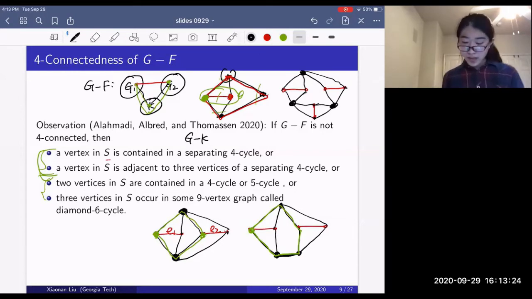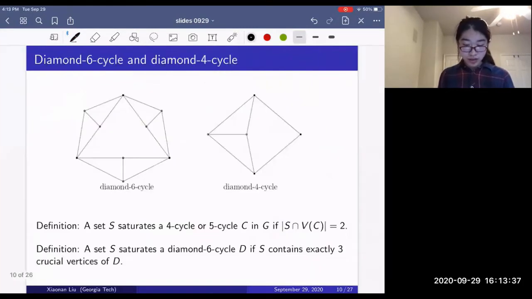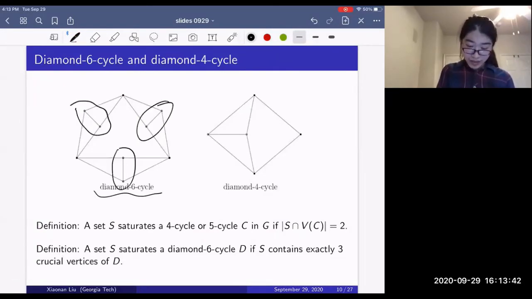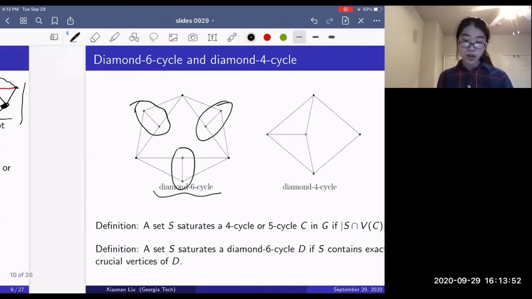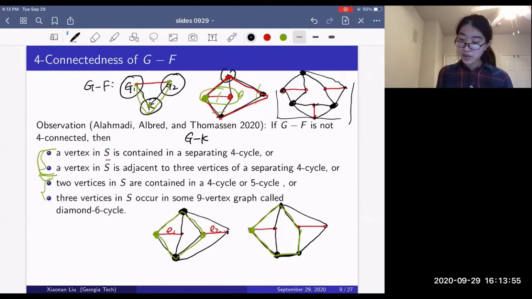So to see it clearly, here is a 9-vertex graph called the diamond 6-cycle. This is the diamond 6-cycle, and we call these 6 vertices crucial vertices because some vertices in S can be contained in it. Here we know that there are 3 vertices in S contained in this diamond 6-cycle.